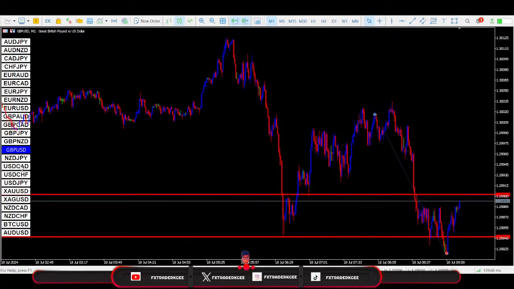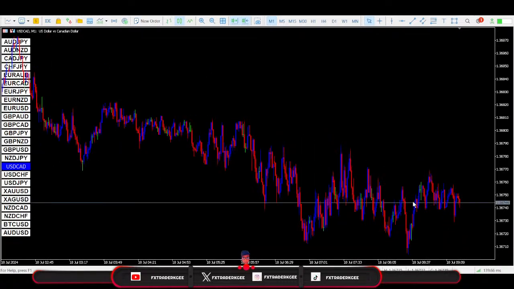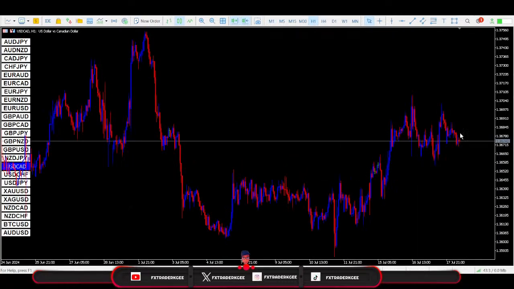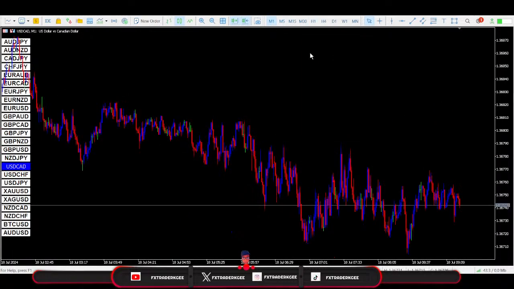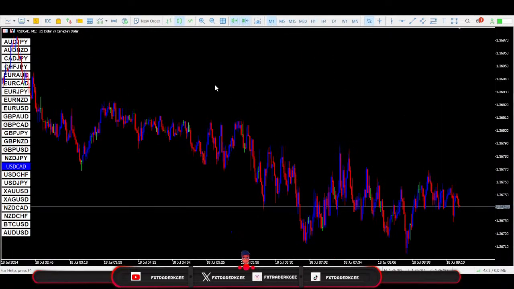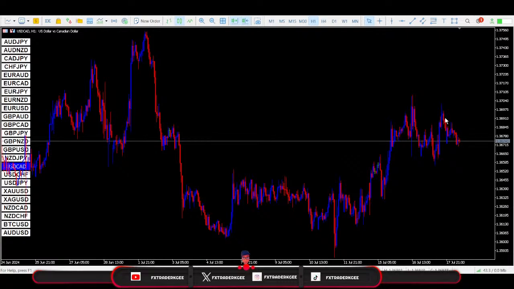And for USD CAD, at a point the USD CAD might have to do a very minimal reset before price continues to fall, because yes, it's confirmed a possible sell.